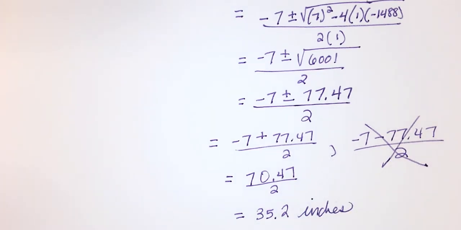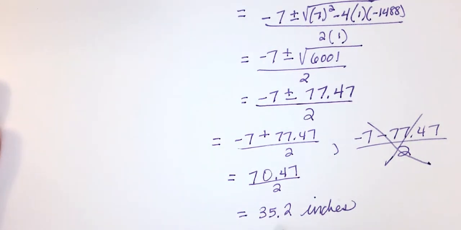Now, we're not quite finished because we need to talk about this. This said find the height. And we're lucky enough here in this problem that it just says find the height. You may have a problem that says find the height and the width. So our height we called x, and we just solved for x.